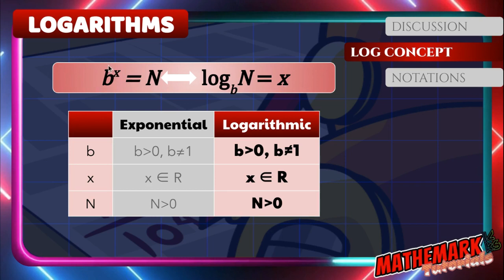The base becomes the small number here, and the exponent becomes the one that is isolated on one side. And then what's left is the number, so it's here together with the logarithmic operator. So the same rule applies again for b, x, and n respectively.